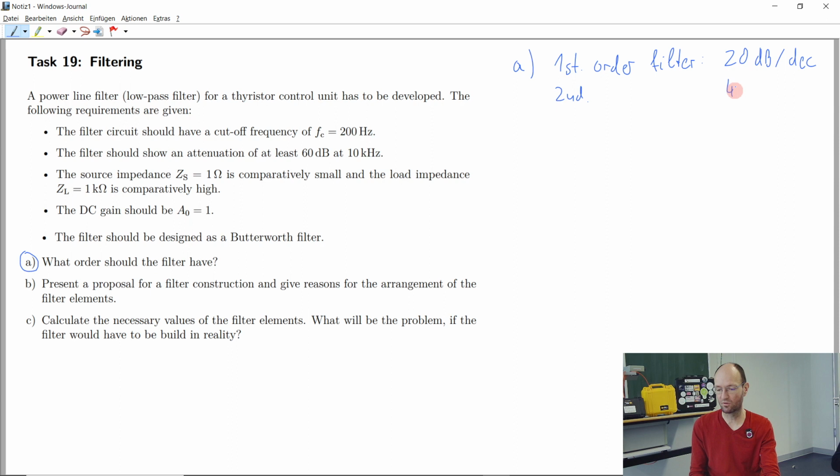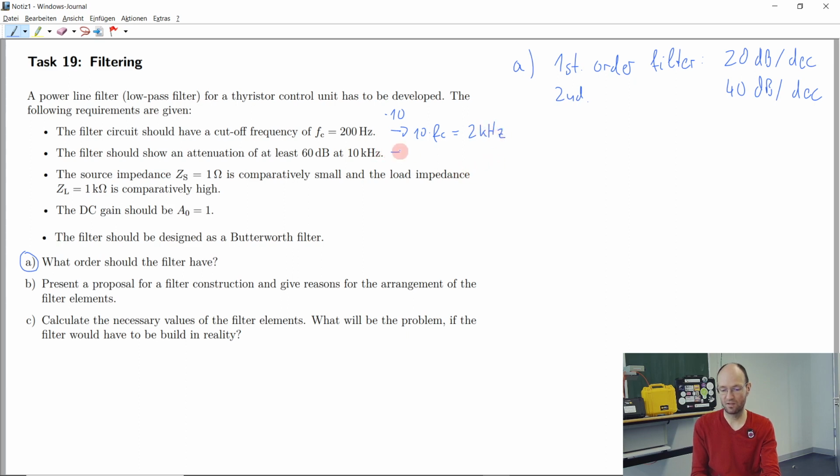If we have a second order filter, it will be 40 dB per decade. So we can check that our corner frequency is 200 Hertz. So one frequency decade, if we multiply the frequency by a factor of 10, then 10 times this cutoff frequency would be 2 kilohertz.